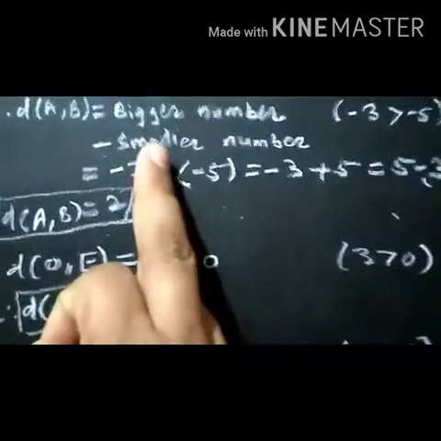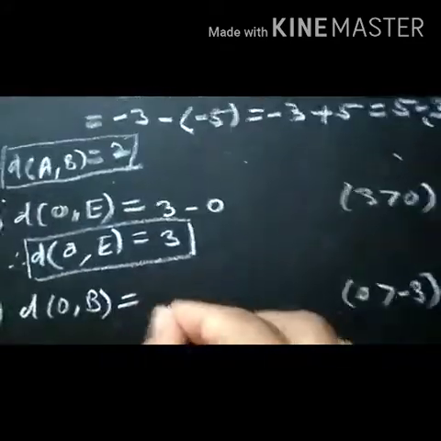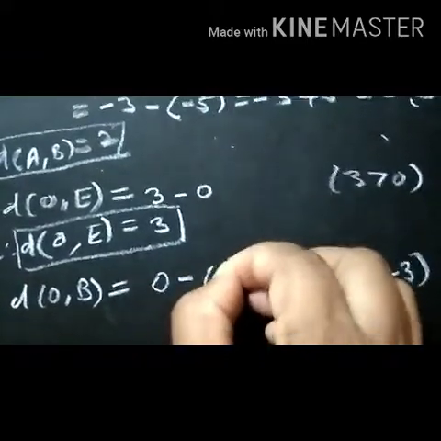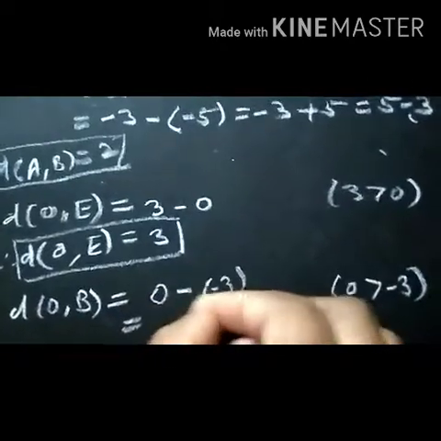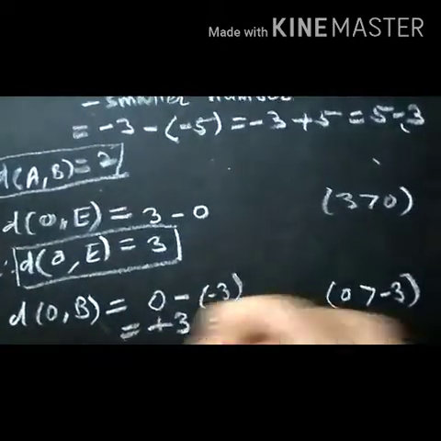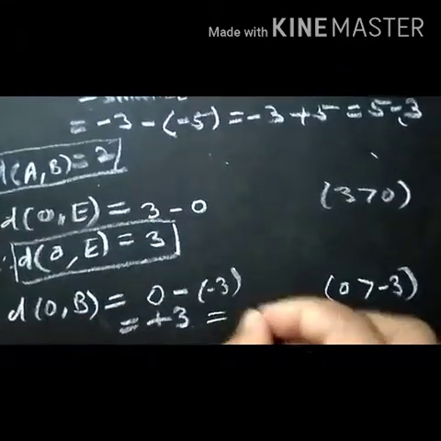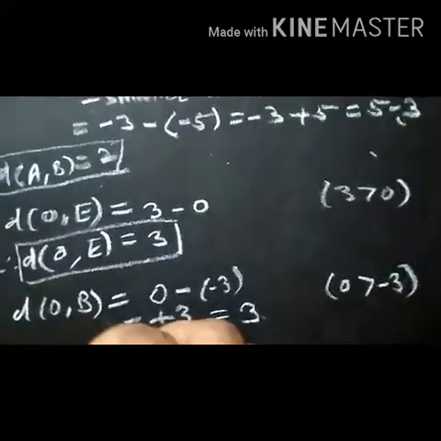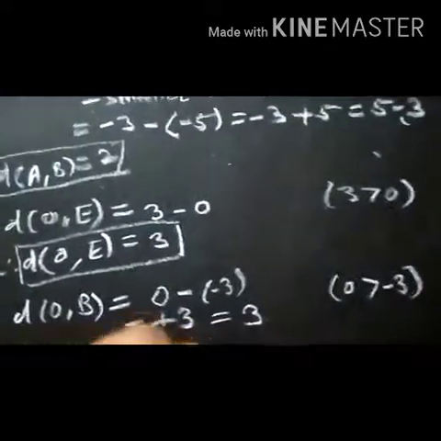So again we use this formula, bigger number minus smaller number. So bigger 0 minus smaller number, that is minus 3. Now minus into minus is plus 3, and therefore the distance between O and B is plus 3. Therefore the distance between the points OB is equal to plus 3.